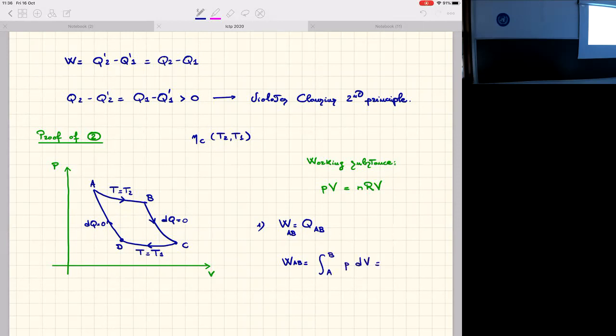Now we use the equation of state, and this comes to be nR times T2 times the integral between A and B of dV over V, and it is equal to nRT2 ln of VB over VA.